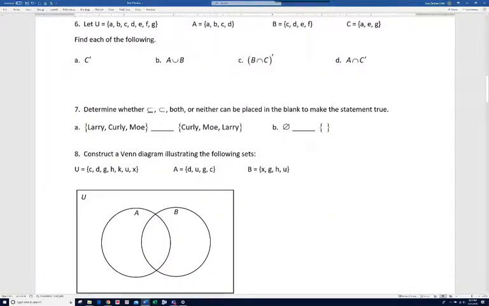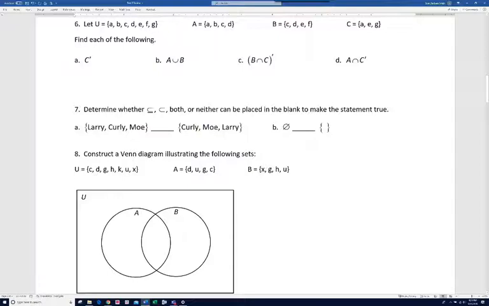All right, let's move on to number 6. So we've got a universal set and sets A, B, and C, and we have 4 questions to answer here. For the first one, we have to find C prime, or C complement.